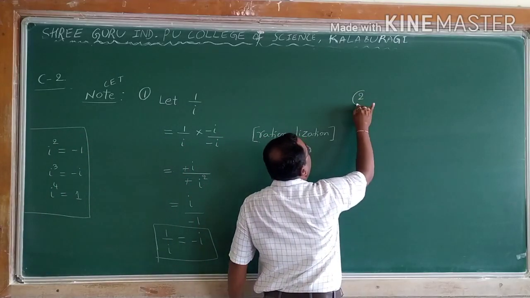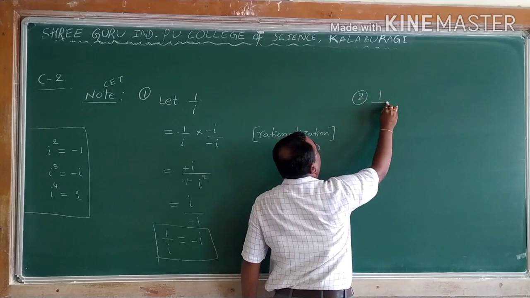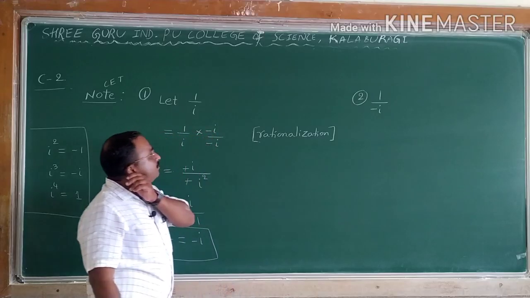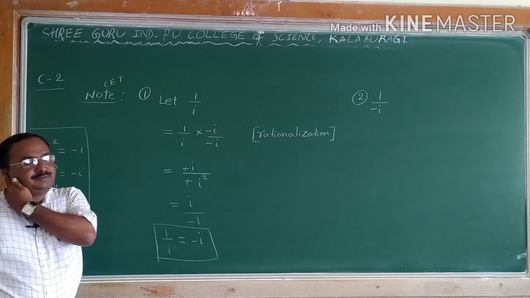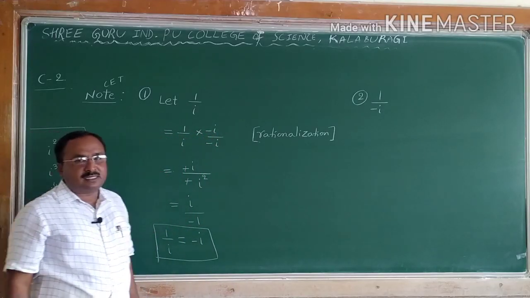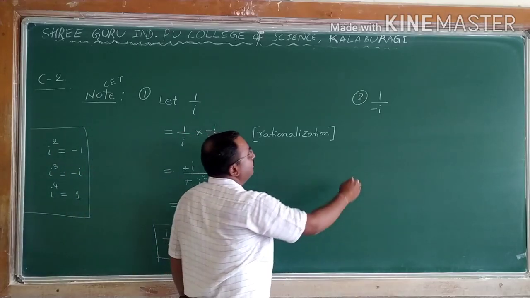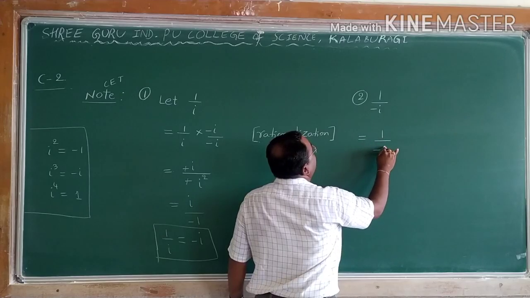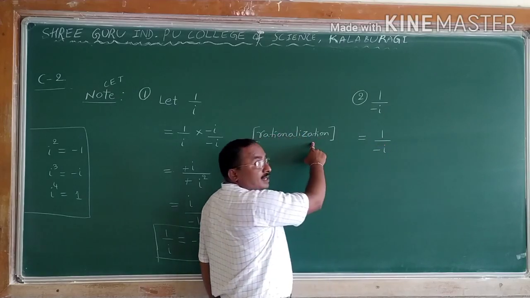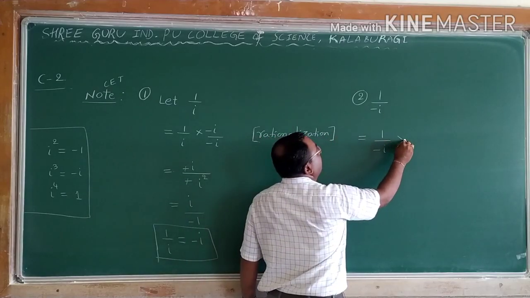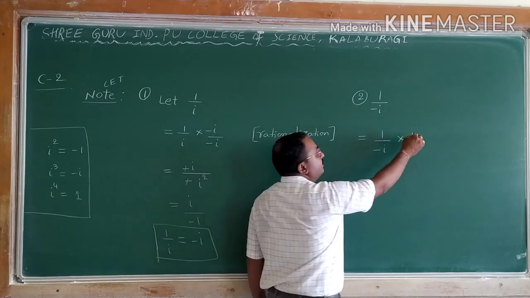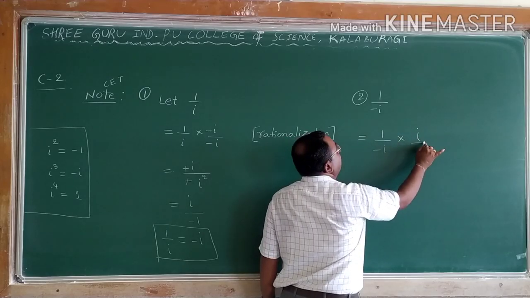Next, suppose 1 by minus i value is what? Same as it is, rationalizing the function, that is 1 by minus i as it is, apply rationalization. Here denominator which function? Minus i is there, minus i becomes plus i by plus i.